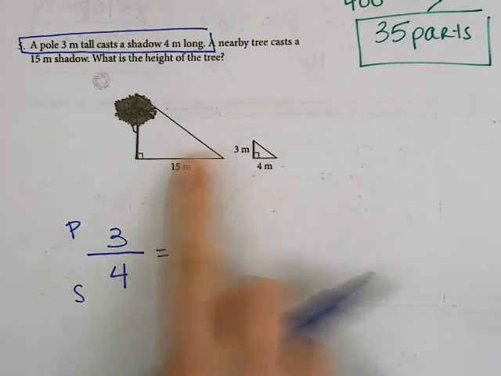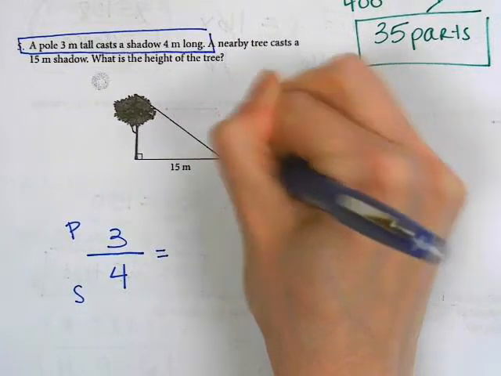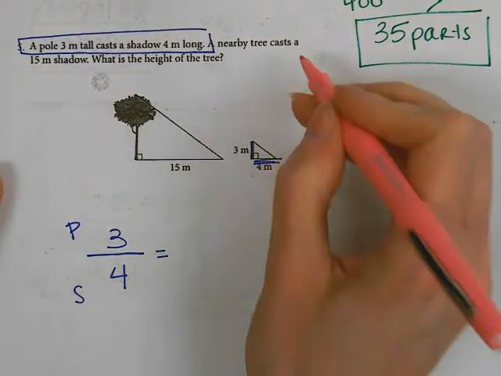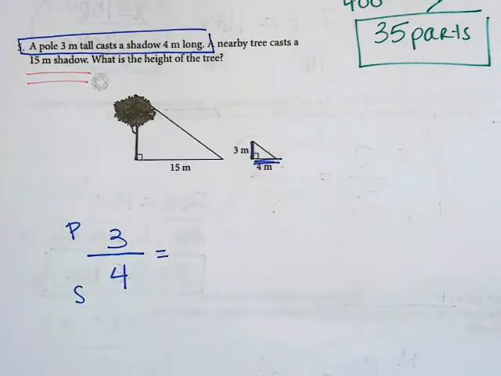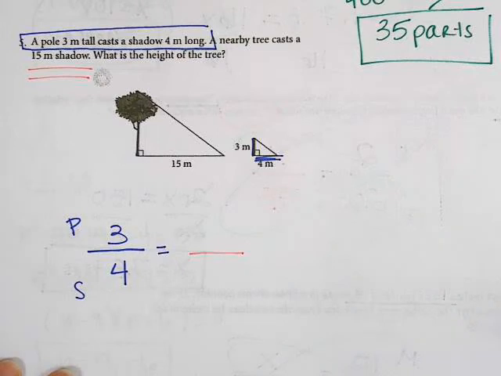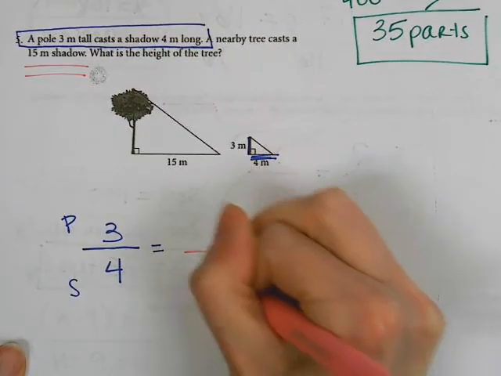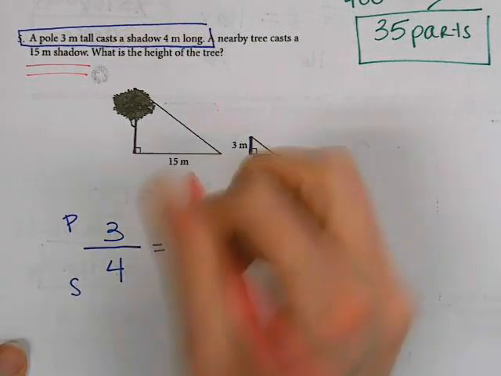Hey guys, this will be good in geometry next year. 3 is the height of the pole, 4 is its shadow. We want to know if a tree casts a 15-meter shadow. So where does the 15 go? Pole or shadow? It goes under shadow, right? What is the height of the tree? So x.